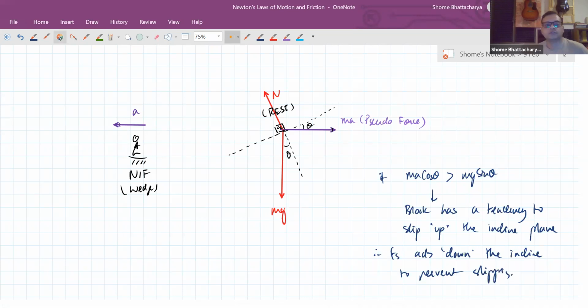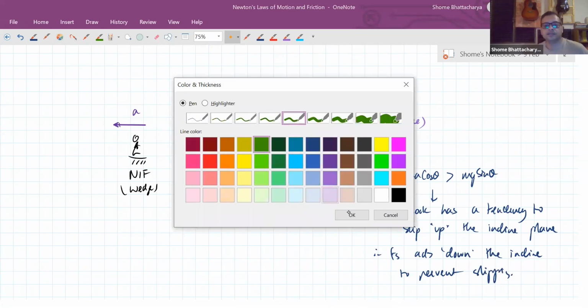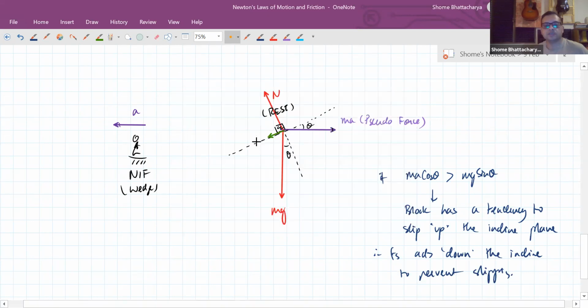Okay, so in the free body diagram now, the direction of static friction should be such that it opposes ma cos theta and supports mg sin theta. Sorry. So this static frictional force will be acting in this direction. Okay.